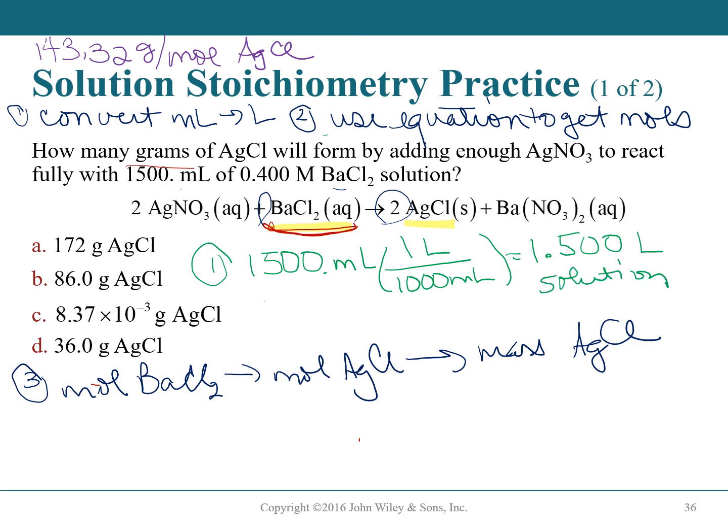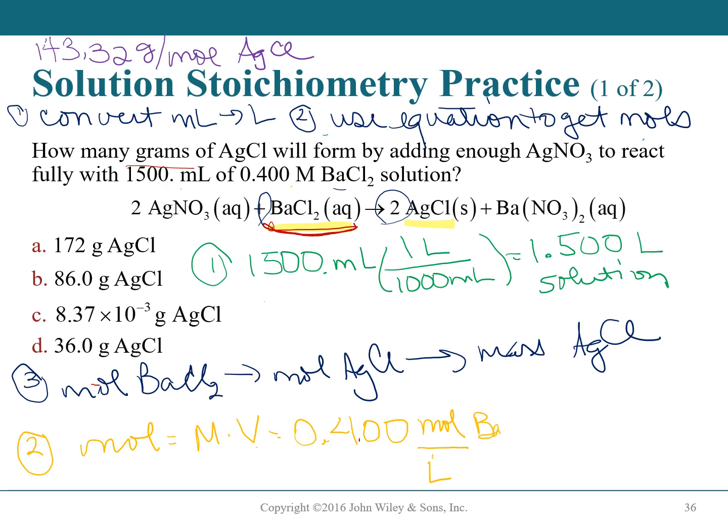Step 2, I'm going to use my equation to get the moles of barium chloride. So for step 2, my equation was moles. I took my molarity equation, multiplied both sides by volume, moles is equal to concentration times volume, and this is in liters. Concentration was 0.400, and remember, the capital M can be substituted for moles per liter.